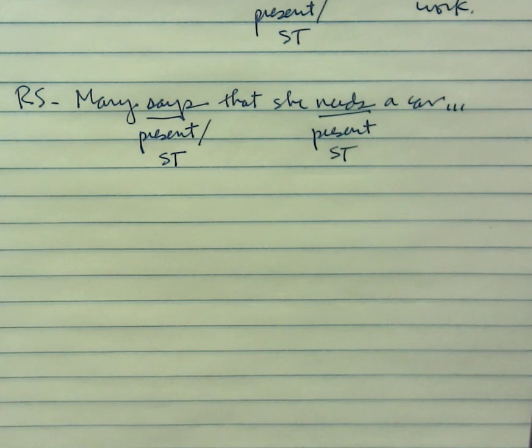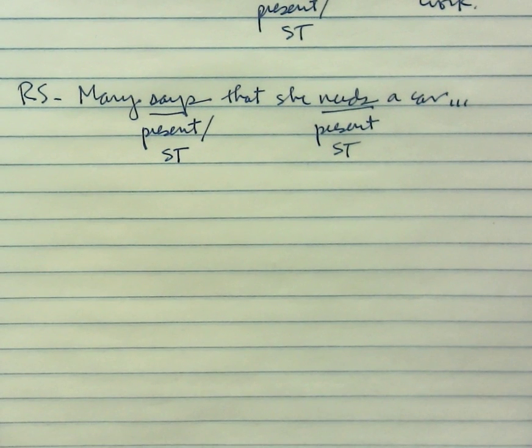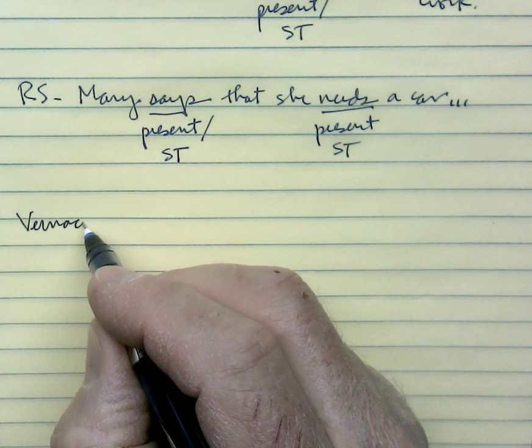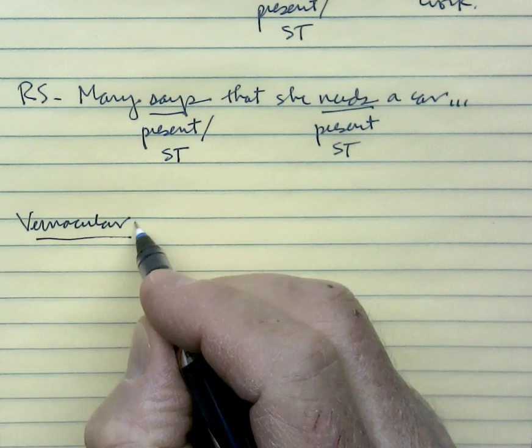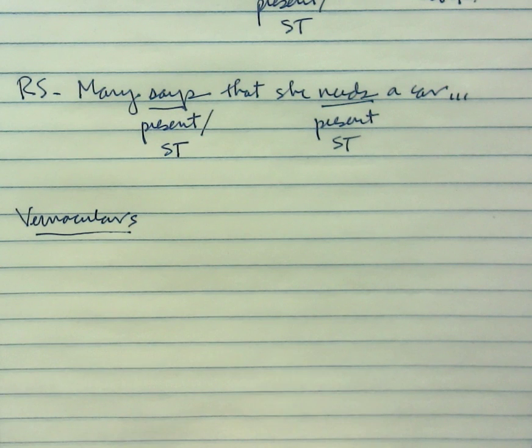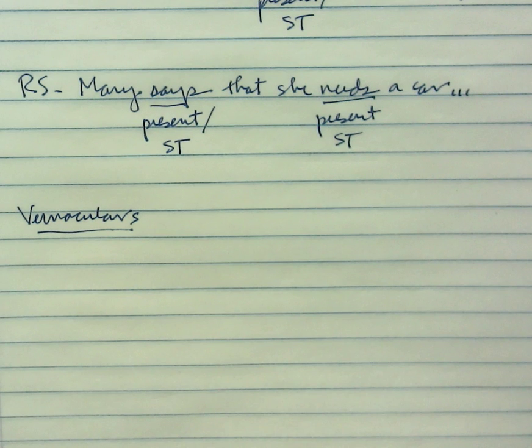Okay. Now, of course, so far we've been talking about standard English, but you already know that I like to compare and contrast standard English with vernaculars, the spoken language and different dialects of the spoken language. Now, vernaculars also use reported speech in very much the same way as standard English does. However, unlike standard English, vernaculars now also commonly share the exact words of others.